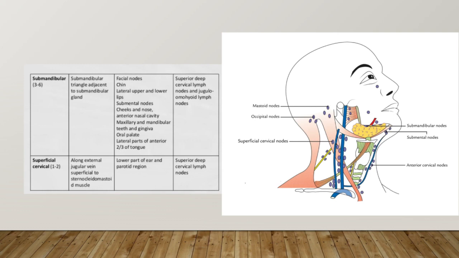They receive drainage from the lower part of the ear, the external auditory canal and the parotid region, and from the superficial cervical lymph nodes it falls into the deep cervical lymph nodes, which are seen along the internal jugular vein.